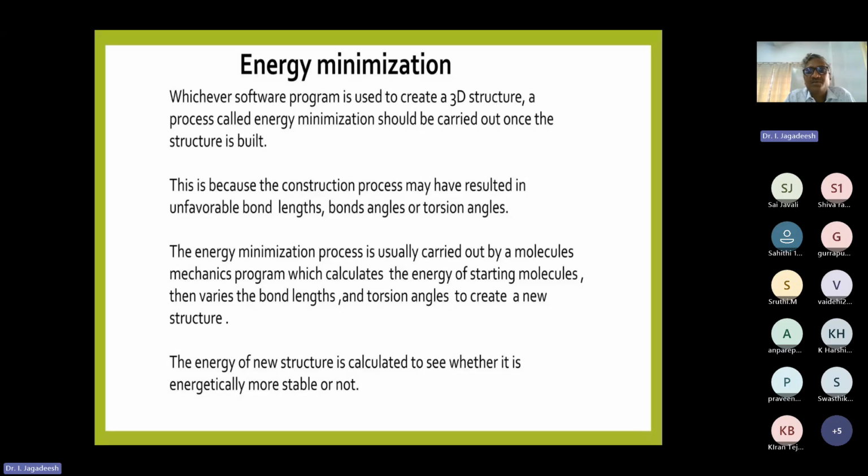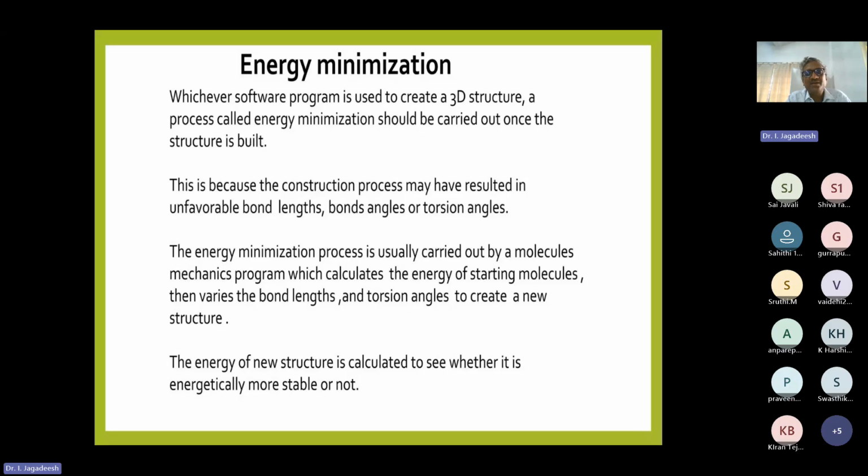So this is what we are going to have in the 3D structure, where a process called energy minimization should be carried out. Once the structure is built, only then will we get success. Say, for example, with the molecule we selected previously as a pharmacophore from the hit and lead modifications, we have identified the pharmacophore and we are bringing it to a drug-like candidate in the docking studies.